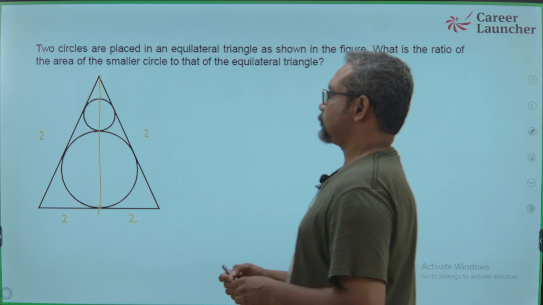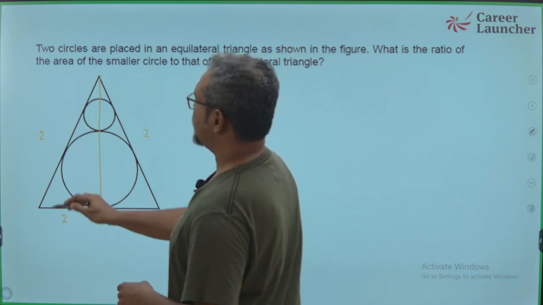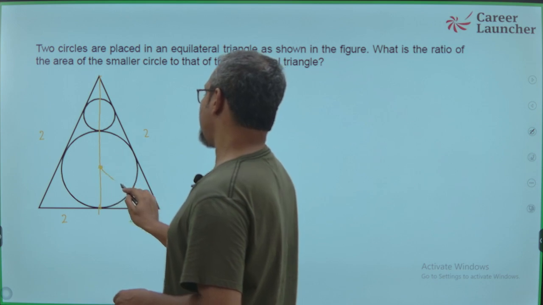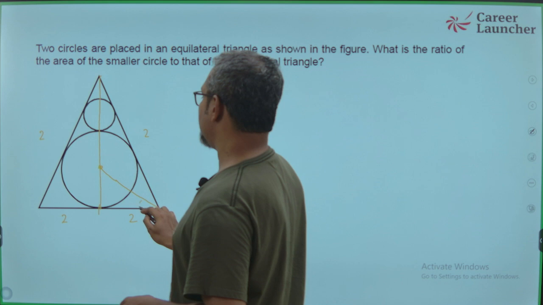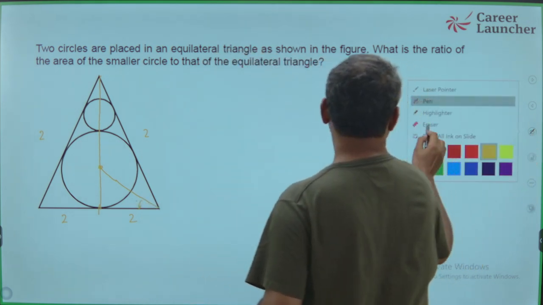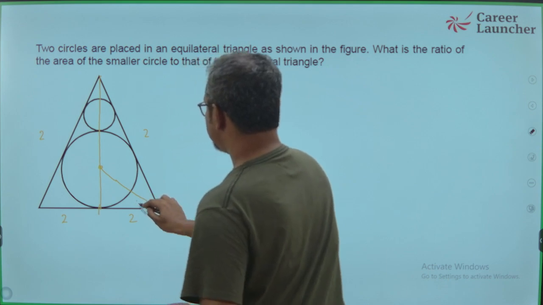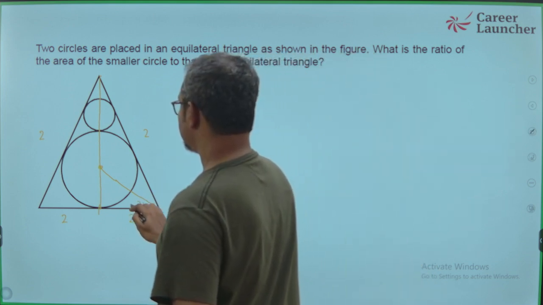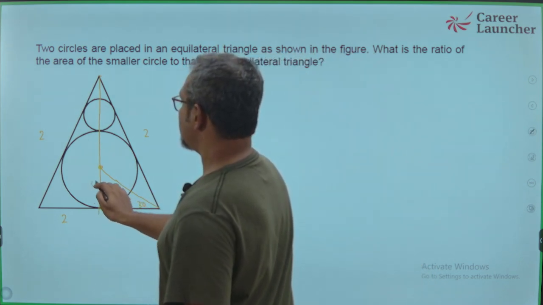Now for the big circle, clearly the big circle is the incircle of this triangle. So this angle now becomes 60 by 2, so that's 30 degrees. That's 90. So this is the radius r.